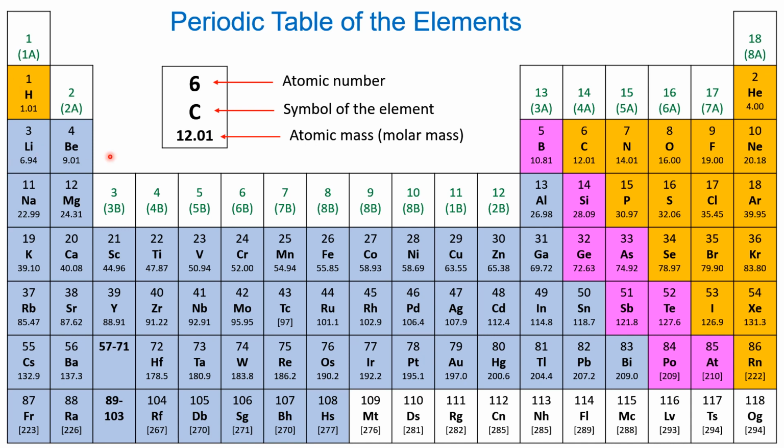So you can see the majority is metal, and non-metal is in the upper right corner here, and the pink colored is metalloid. That's half metal, half non-metal. Sometimes it's called a semi-metal, or you can say semiconductors. The most famous semiconductor is silicon. That is a basic building material for CPUs.